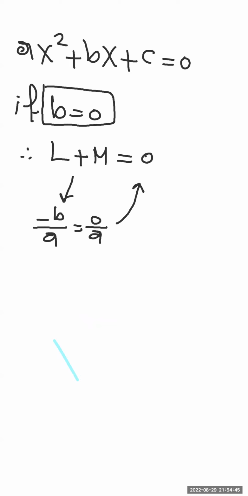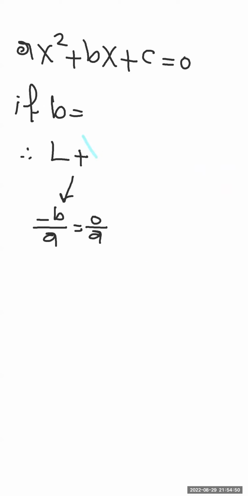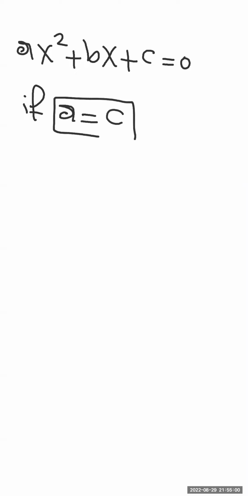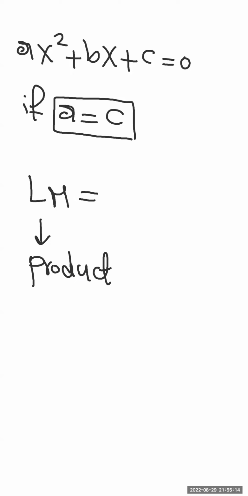Okay, the second point. Also, the equation ax squared plus bx plus c equals 0. But here, if a equals c. In this case, the product, I mean LM, will equal 1. Why?